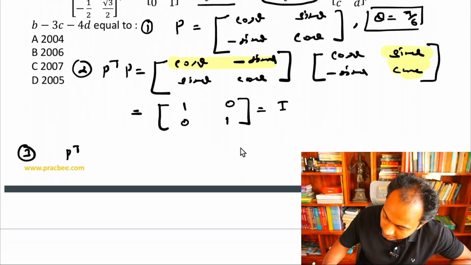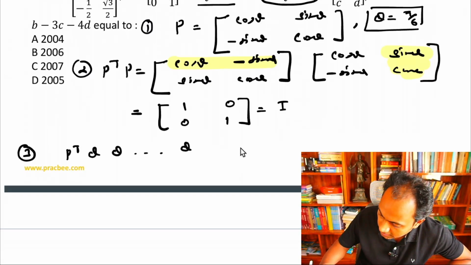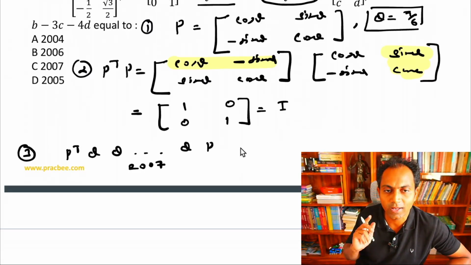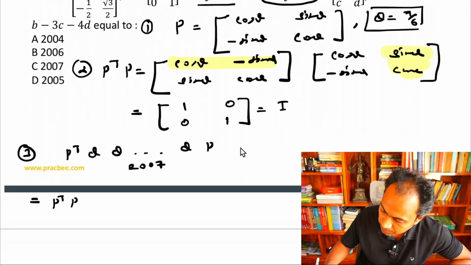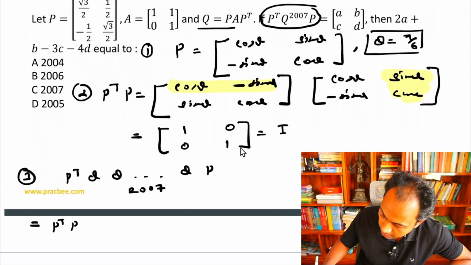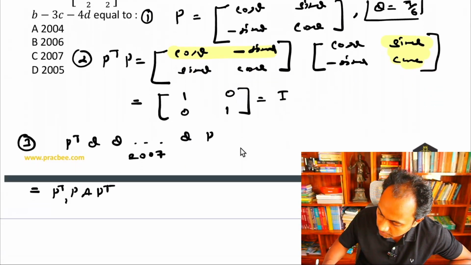We knew that it started with P, then Q, 207 times it is written. And then again P is written towards the end. So if I want to evaluate this, what is happening? Let us understand. So there is a P transpose, then P will come because Q is nothing but P transpose. That is given to us. Then you can see again a Q is written. That is nothing but P transpose.